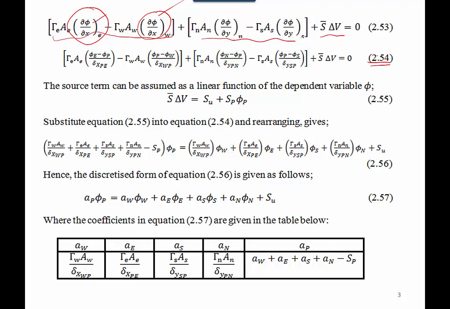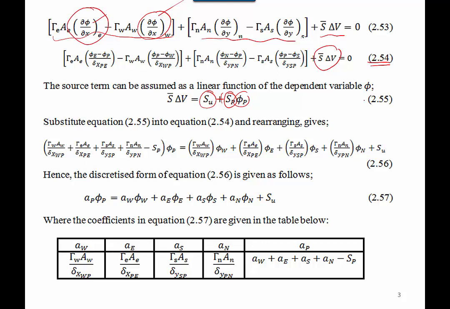equation 2.54. And now we can assume this quantity, the average value of the source term multiplied by delta volume, to be a linear function of phi P, where the slope of the function is Sp multiplied by phi P plus a constant term, which is Su.